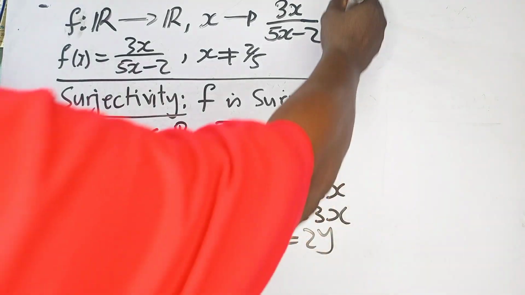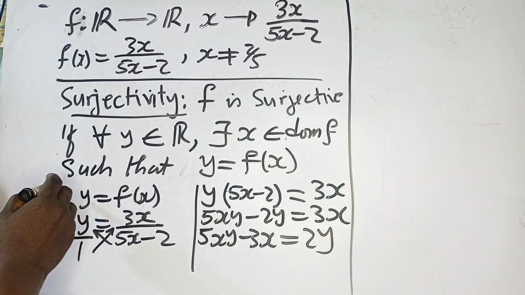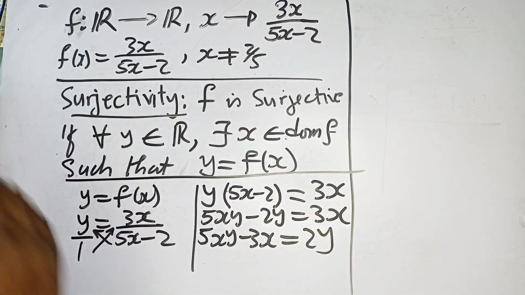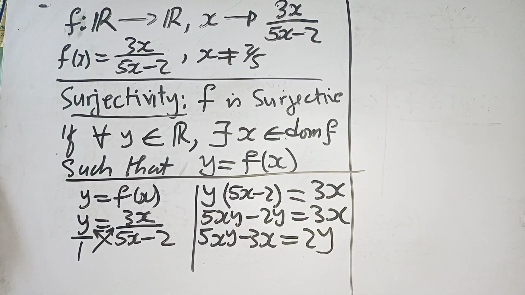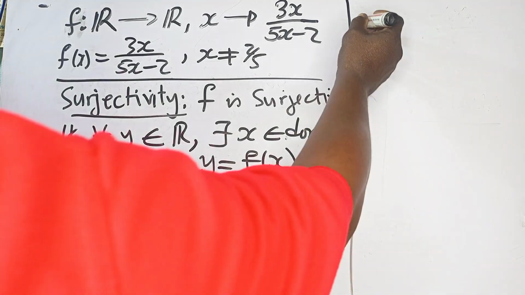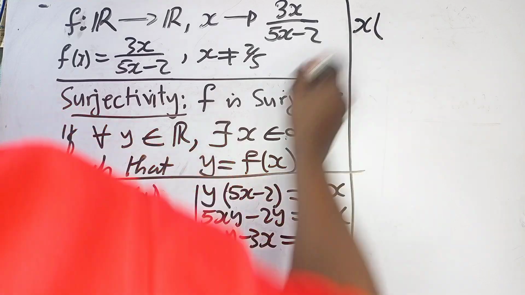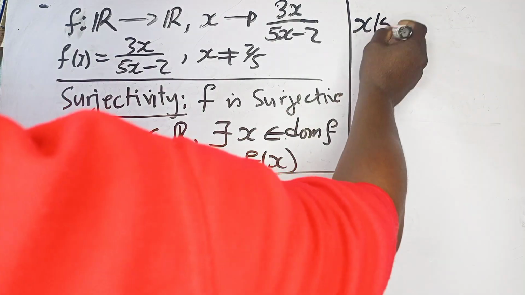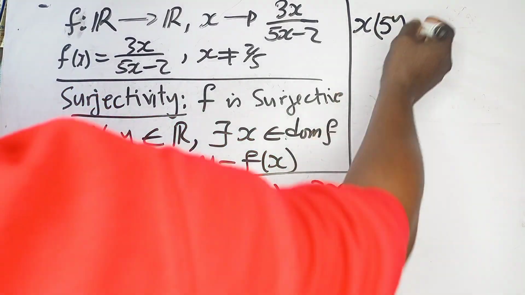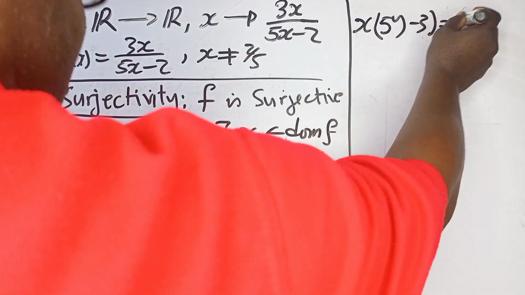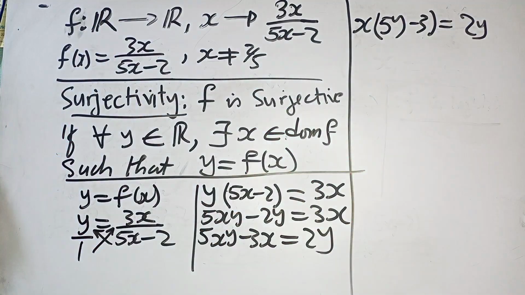Now, we see x is common here. We'll factorize out x. If we factorize out x, we'll have 5y minus 3, equal to 2y.